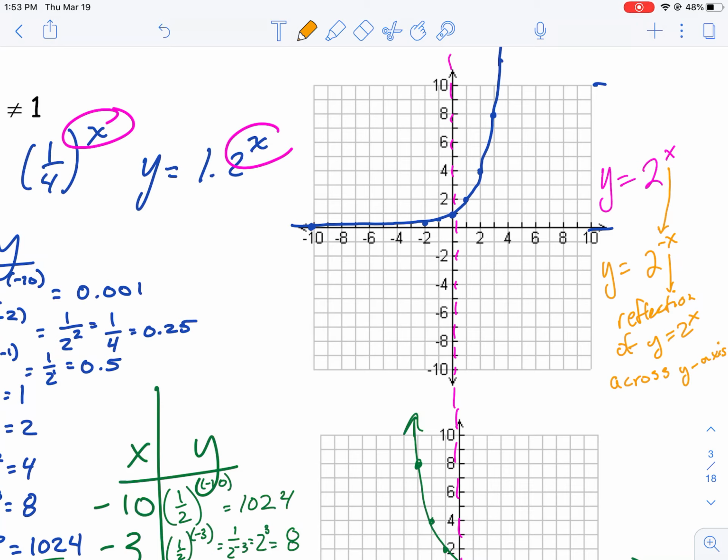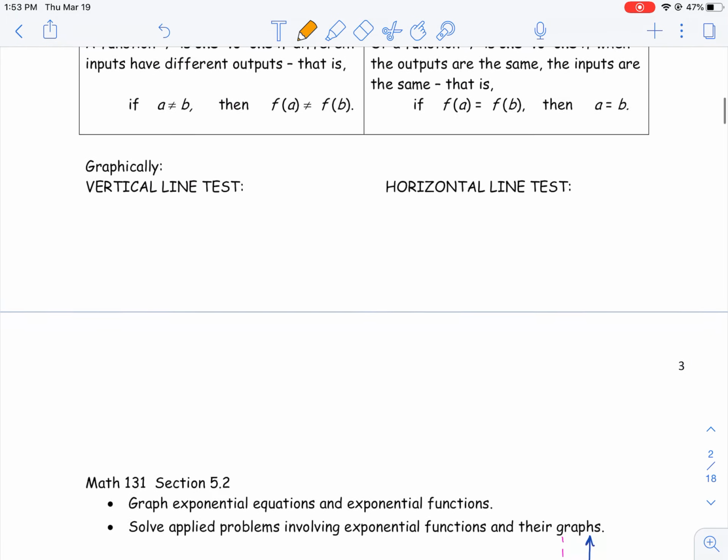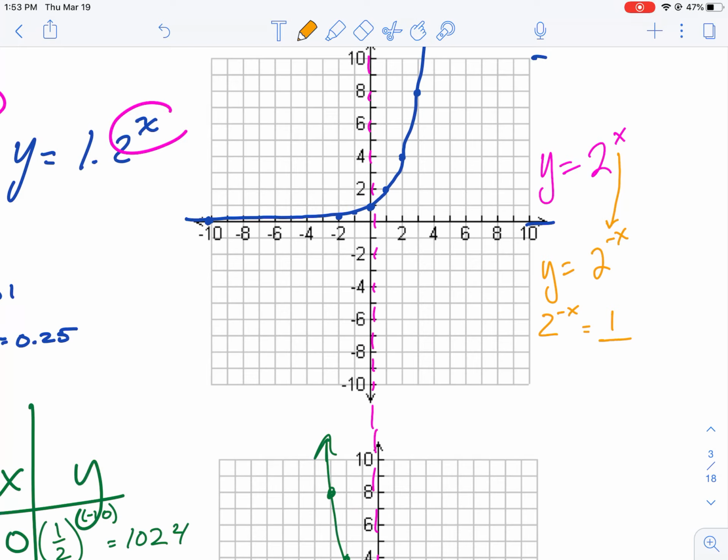Now let's take a little closer look at 2 to the negative x. Remember the rule I showed you a little bit earlier? Negative exponents go to the denominator.